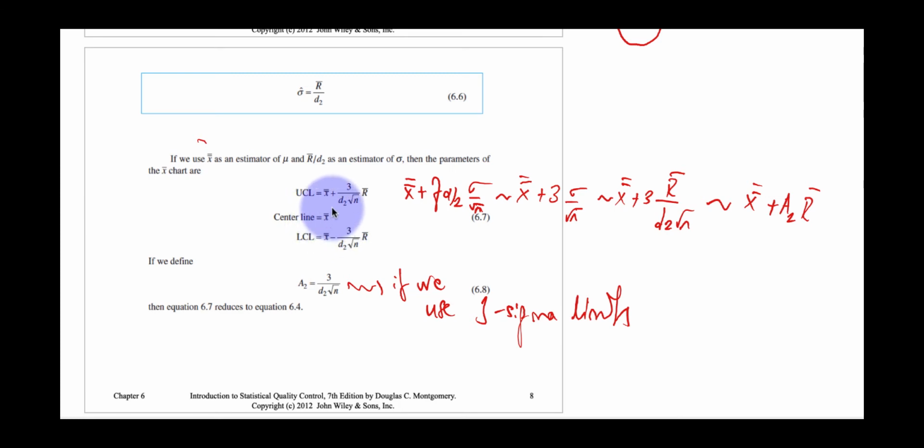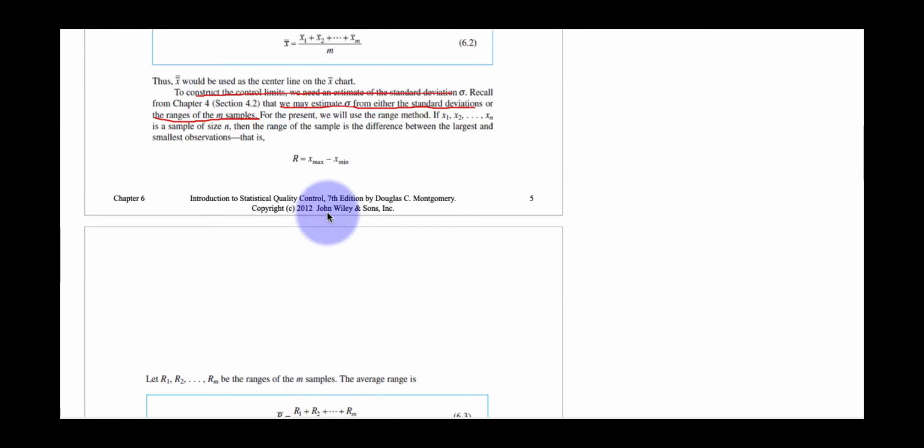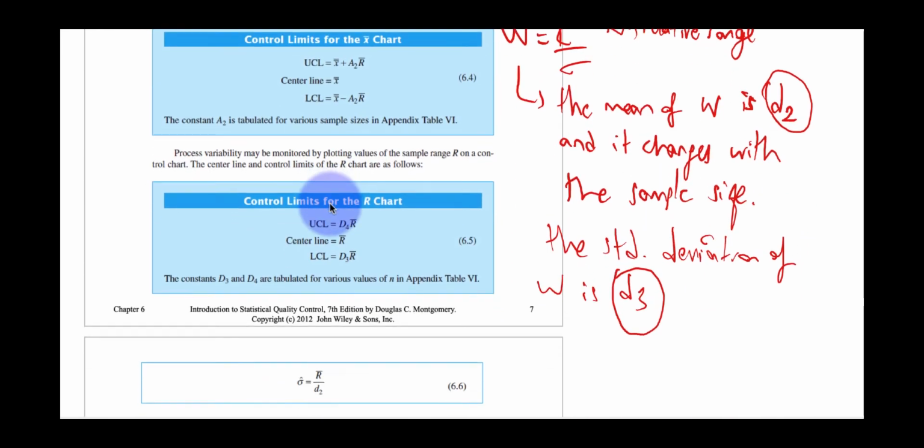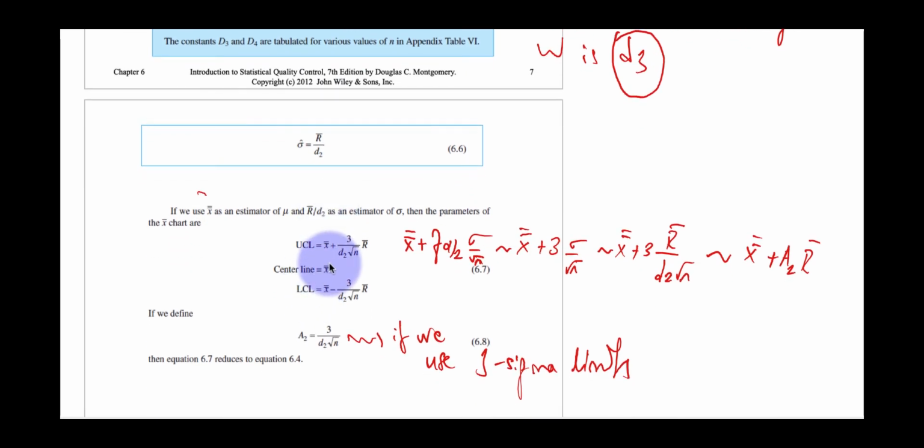And we use as the central line in the X-bar control chart the X double bar, the grand average, right? This is the grand average, X double bar. We use this as the central line in the X-bar control chart. And in the upper control limit, we need to find this term, right?